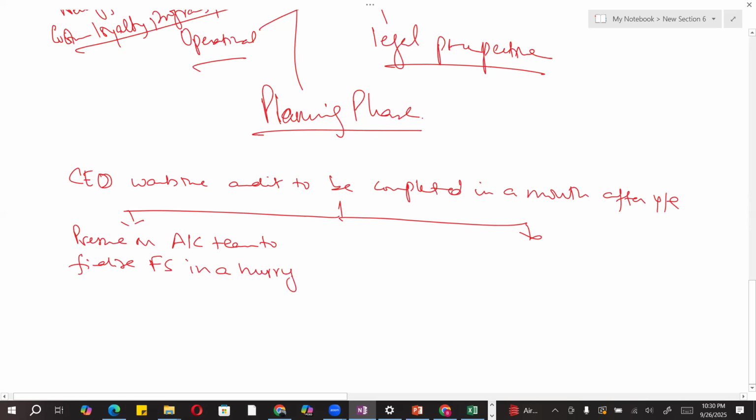The CEO's own accounts team would be under pressure because they would have to share the financial statements with the auditors for being audited, and so they would have to finalize them in a hurry. And that is going to increase the risk of material misstatement at financial statement level. There could be material misstatements anywhere in the financial statements because when things are being done in a hurried fashion, there are bright chances of error.